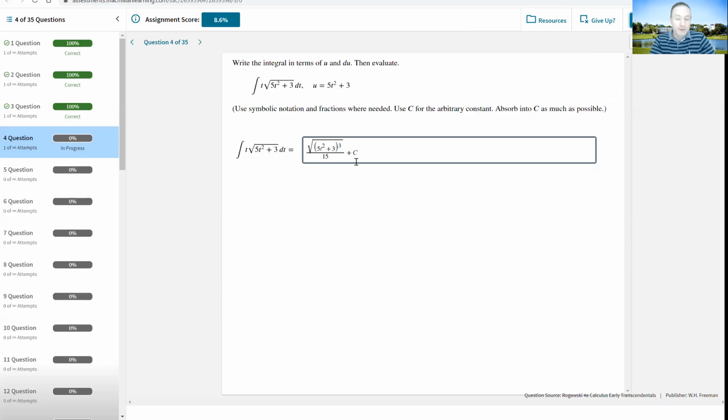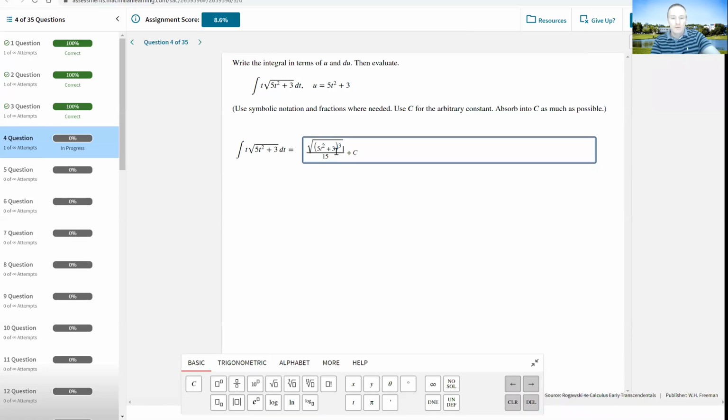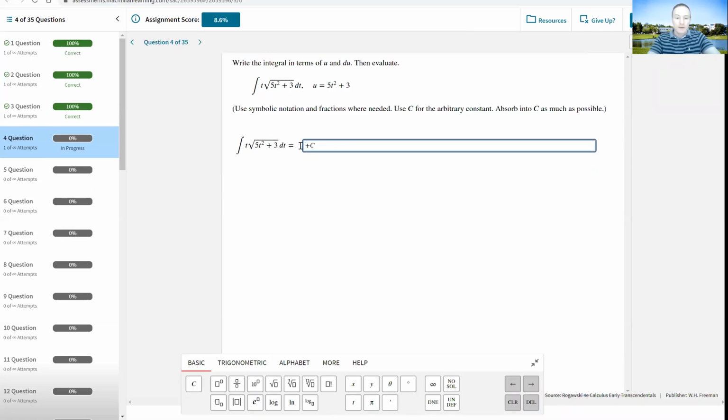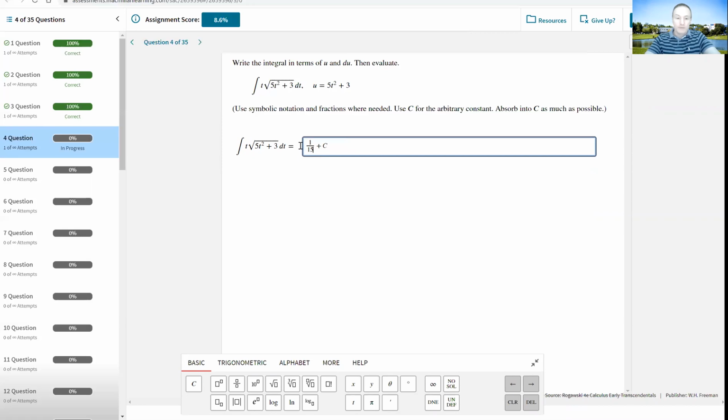I am 100% certain this answer is correct. Well, what's wrong with it? It's probably wanting me to put it in a fractional exponent. So let me go ahead and do that. Again, I am confident that answer is correct, but here's what they're going to want here. They'll say 1 over 15, and then I'll have times the group 5t squared plus 3, 5t raised to the second, not to the 22nd, plus 3.